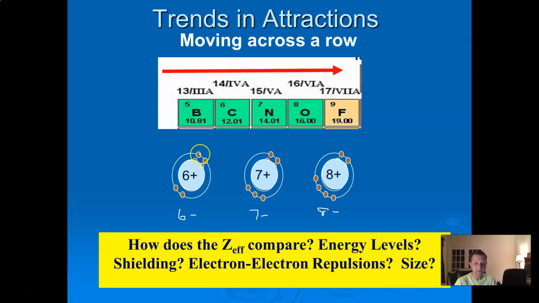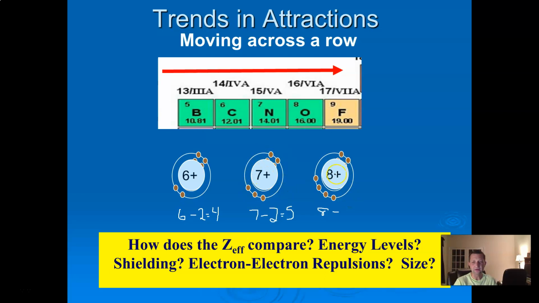So here are your valence electrons. You have 1, 2, 3, 4. You have 4 valence electrons in carbon. You have 2 shielding electrons. So 6 minus 2 gives you 4. We're going to forget about that repulsion factor because I don't know what it is for these. It's not going to make a huge impact. So here you have 7 minus 2 gives you 5, because we have 2 shielding electrons and we have 5 valence there.